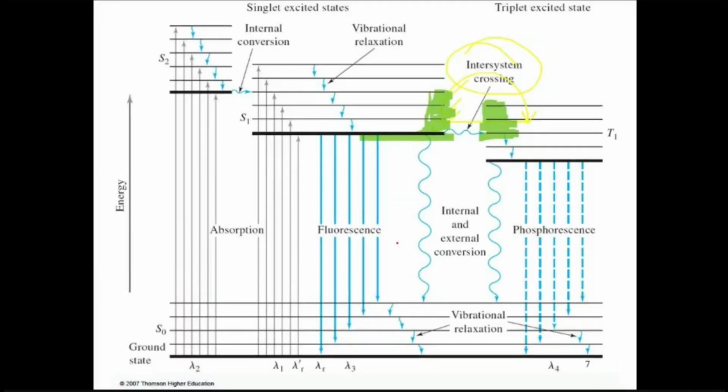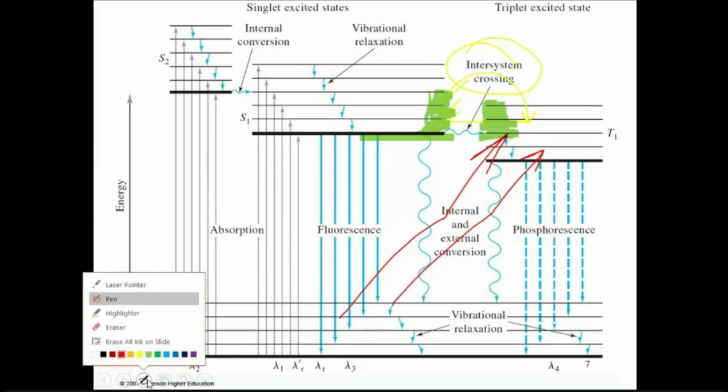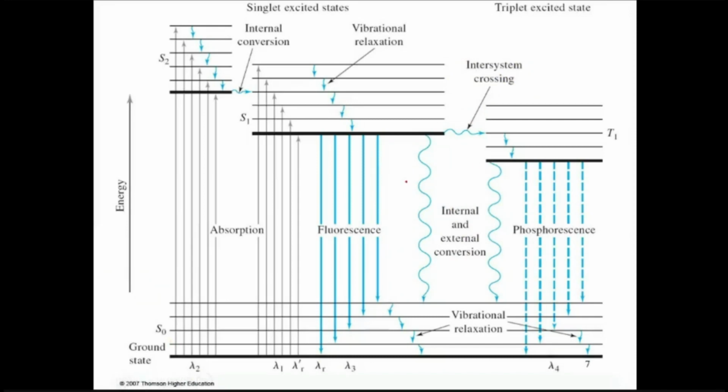Please note that a molecule cannot directly jump into the triplet state by absorbing energy. The reason is that one of the electrons has anti-parallel spin, and by just absorbing the photon, changing the spin is not possible. So this is inter-system crossing.